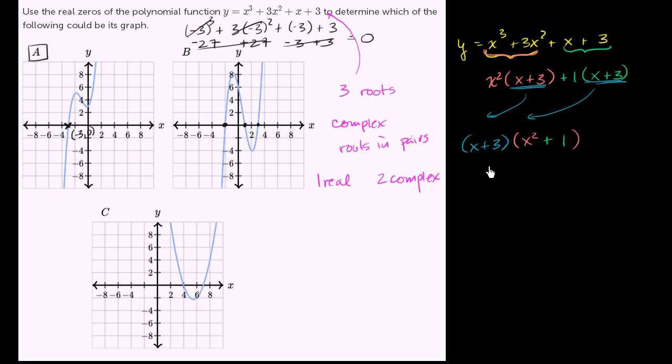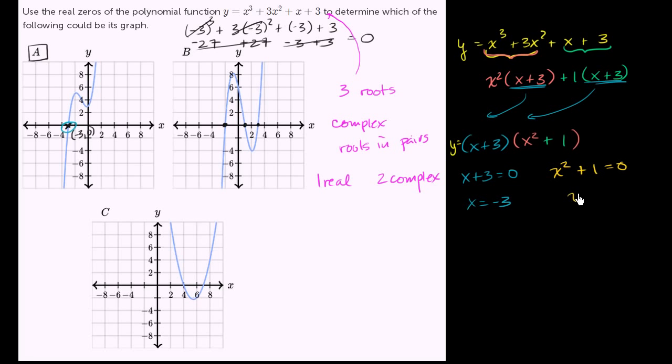And now your zeros are going to happen, remember this is equal to y, y is going to equal 0 if either one of these factors is equal to 0. So when does x plus 3 equal 0? Well, subtract 3 from both sides. That happens when x is equal to -3. When does x squared plus 1 equal 0?